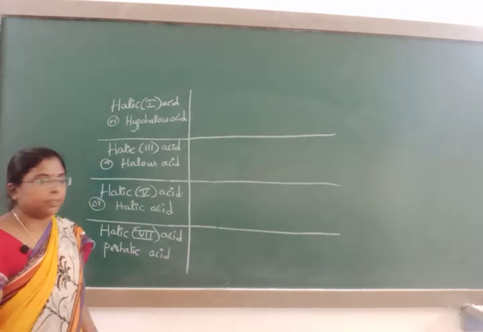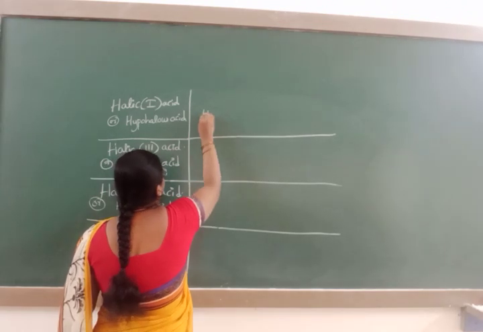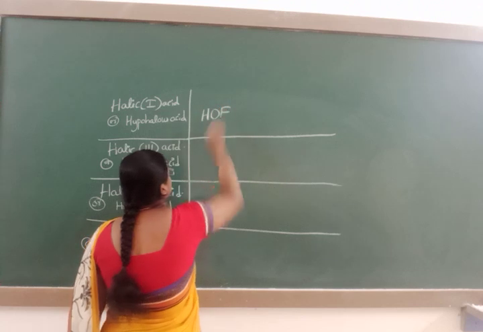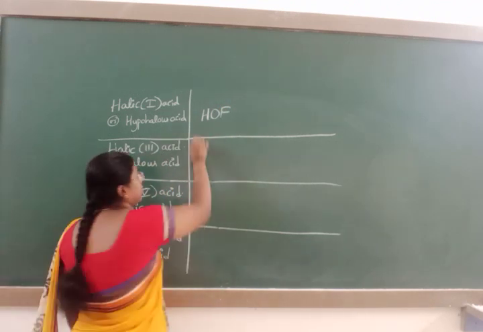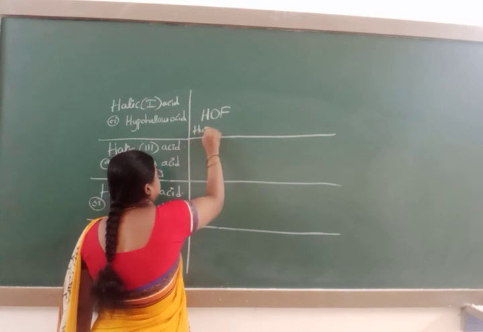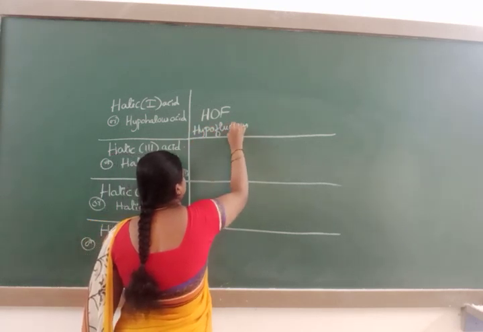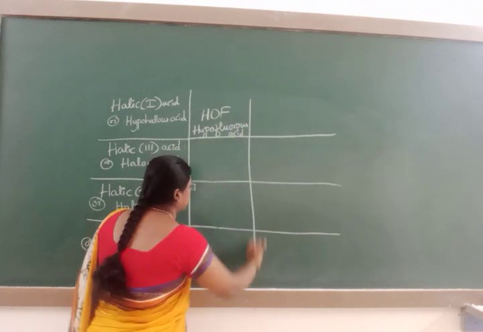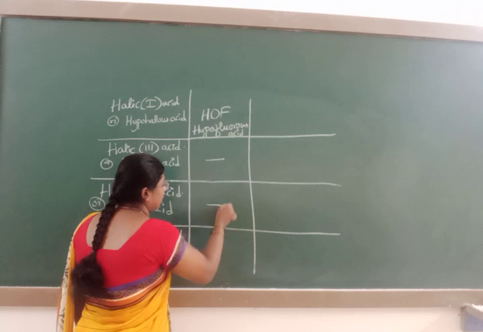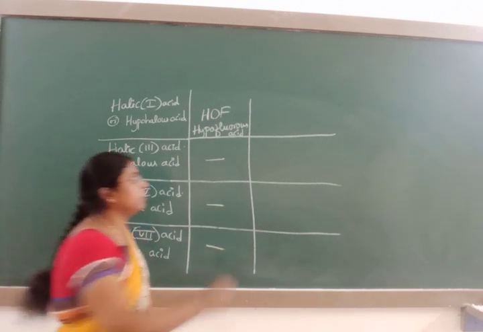Here, the first one is hypohalous acid, HOF. HOF is hypofluorous acid. You don't have any other oxidation state here, it exists only as HOF.